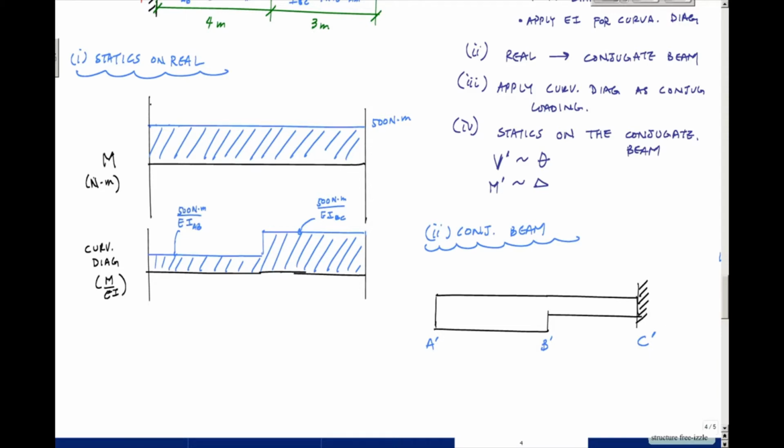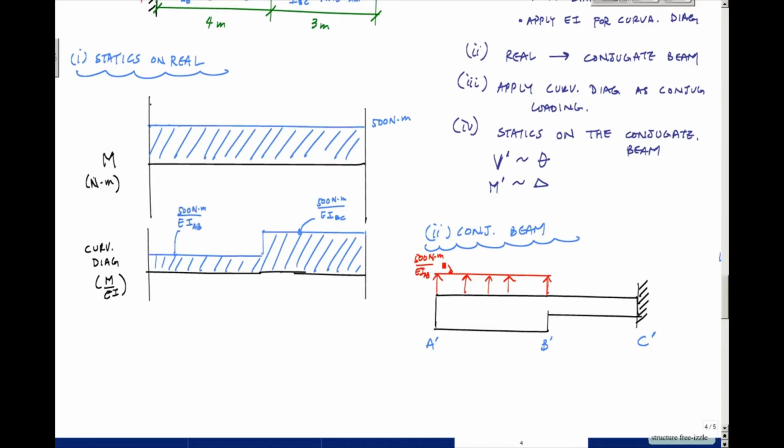Now, our loading. If I have a positive curvature here, that load is going to act upwards. One thing you want to be aware of, and a mistake I make all the time, is that if I have a positive curvature diagram or positive moment diagram, then my conjugate loading is upwards, and this is my 500 Newton meters over EI AB.